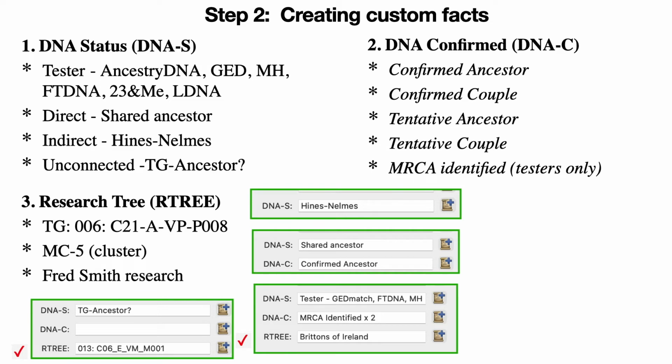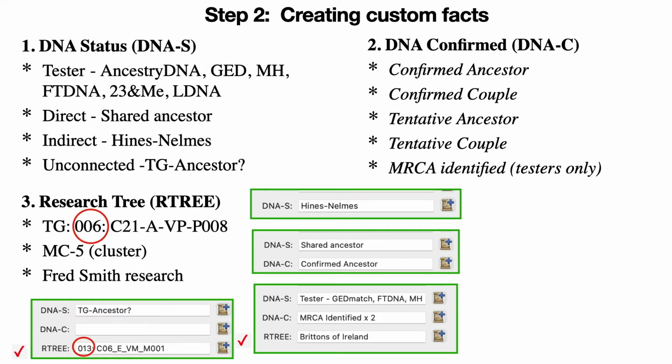And for people I'm researching for some reason or another, I can use a comment there, Fred Smith Research or Britons of Ireland Project or something like that. So it's really just to give me a reminder about why they are in my tree.